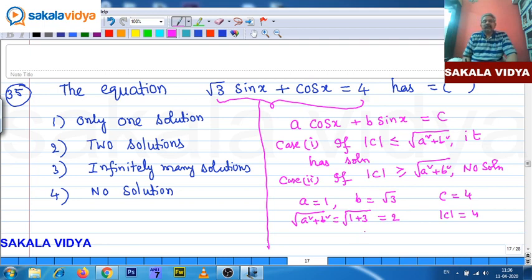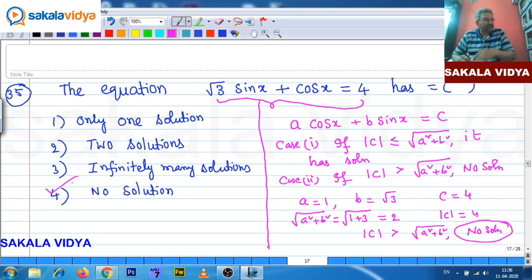Here mod c is greater than root of a square plus b square. Sorry, wait, I did wrong. Here only greater. So now no solution. Fourth option.